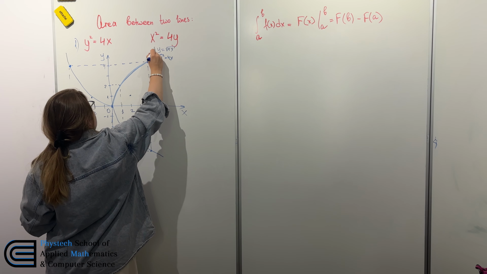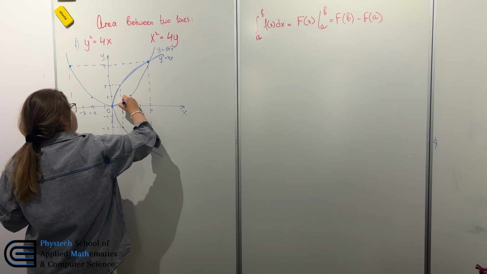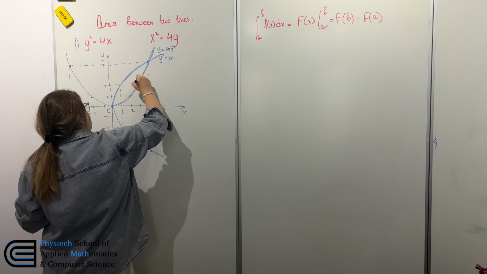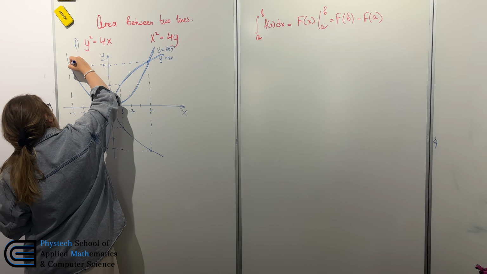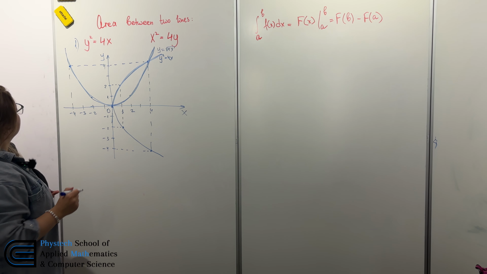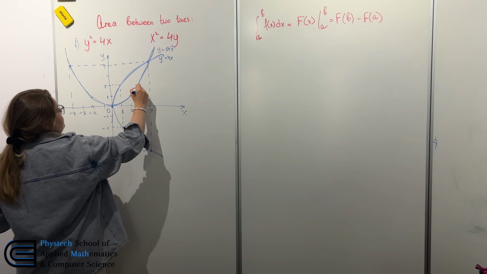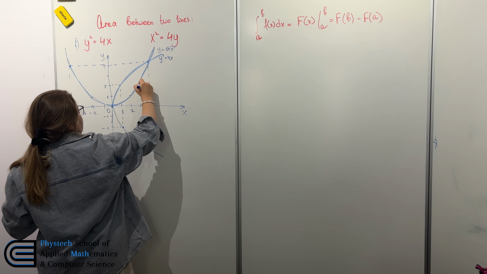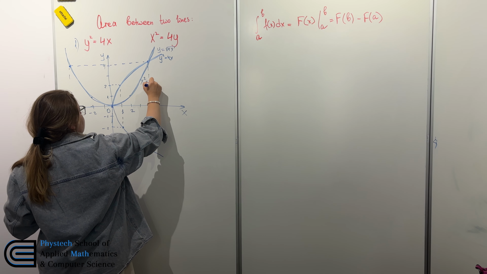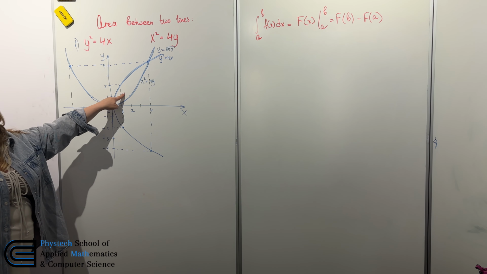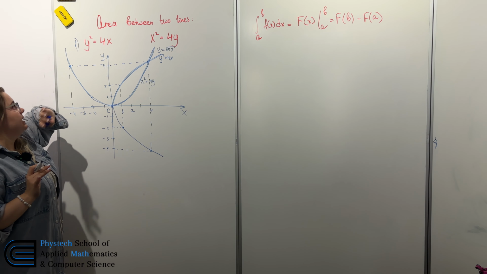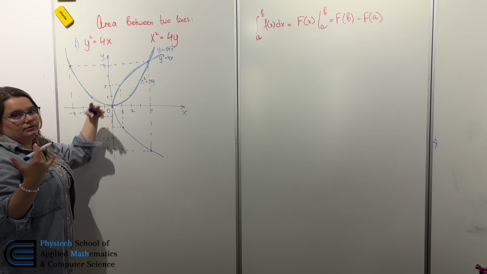And this is the second line. Let's write it here. X squared equals 4y. And we need to calculate an area between these lines.